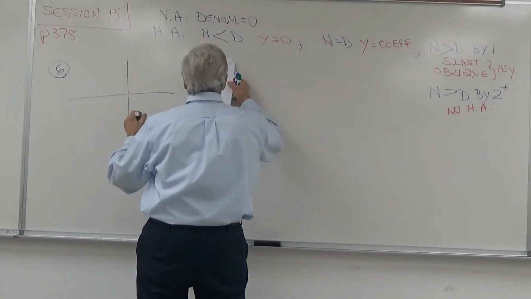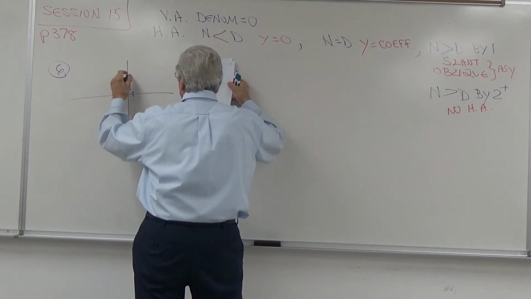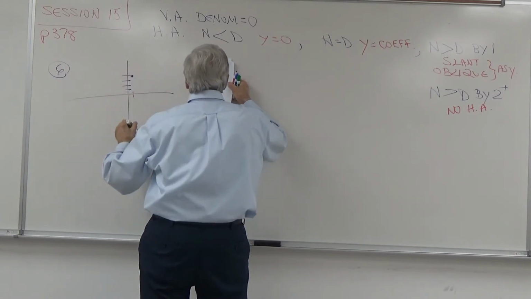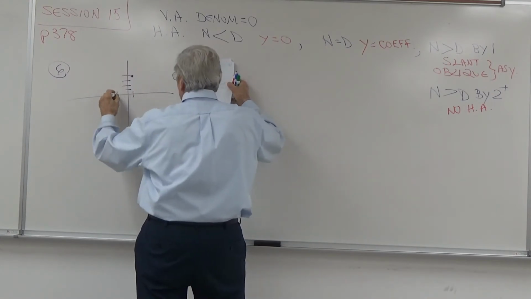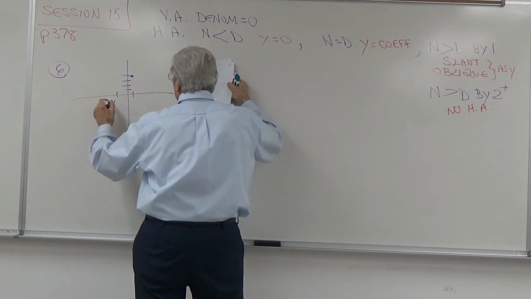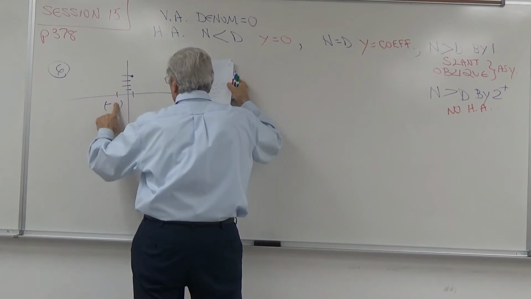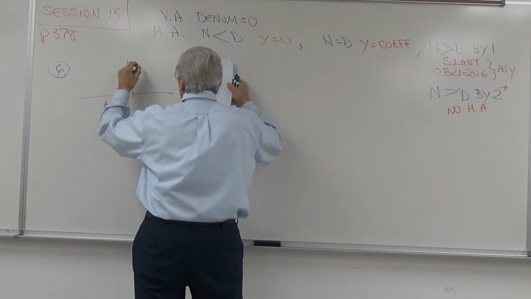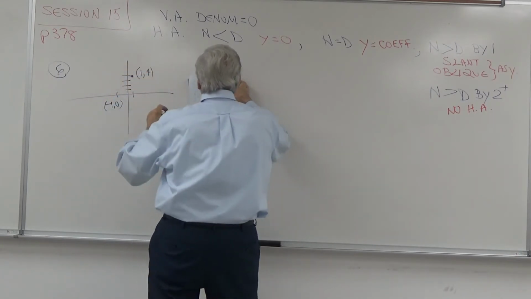This is the point 1, 4, right there. And then at negative 1, 0. And over here at 3, 0.